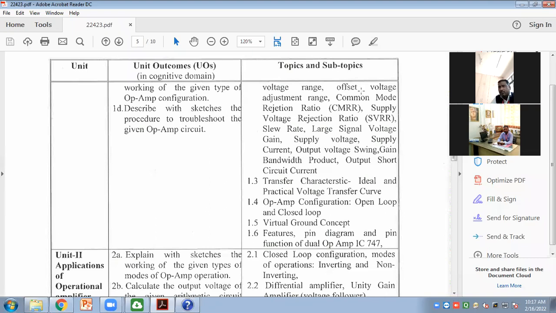Voltage range, then offset voltage adjustment range, common mode rejection ratio, supply voltage rejection ratio, then slew rate, large signal voltage gain, then supply voltage, supply current, output voltage swing, bandwidth product, then output short circuit current.